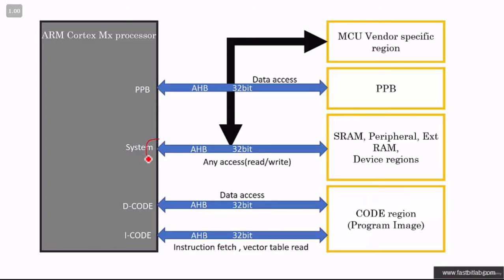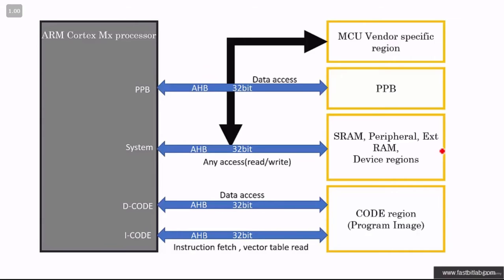After that, the processor also gives one more AHB bus interface. That is for the system bus. It connects to the various on-chip peripherals of the microcontroller, and through this bus, the processor also communicates with the SRAM. That's a data memory.